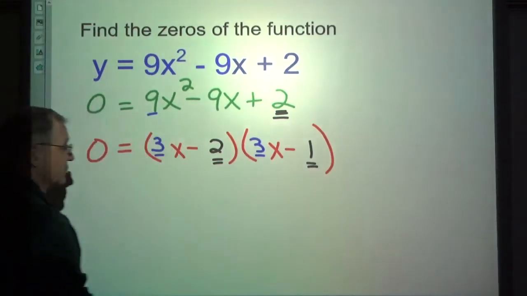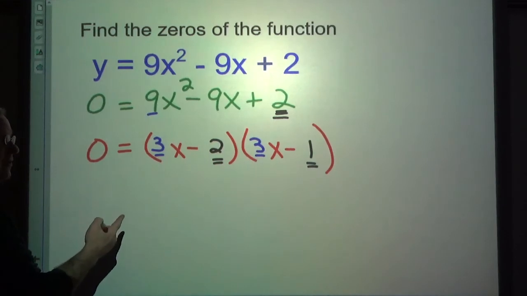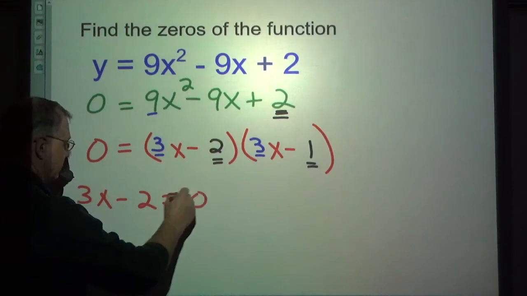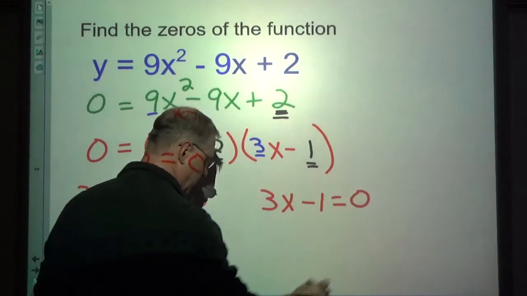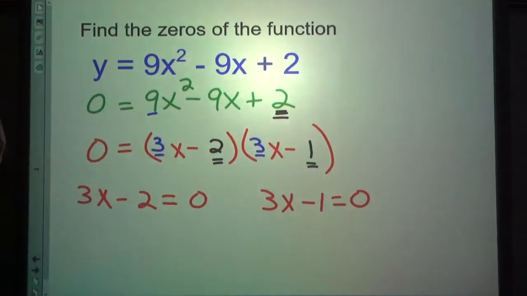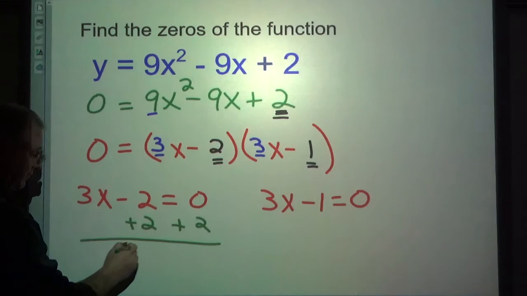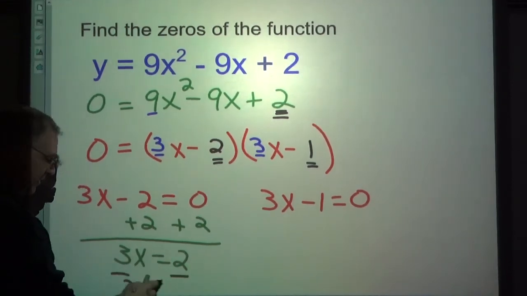And now we're going to solve. Now it doesn't matter which side you put the 0 on of the equal sign. So 3x minus 2 equals 0. 3x minus 1 equals 0. I'm going to go ahead and solve. Add 2. 3x equals 2. I'll finish it up by dividing by 3.